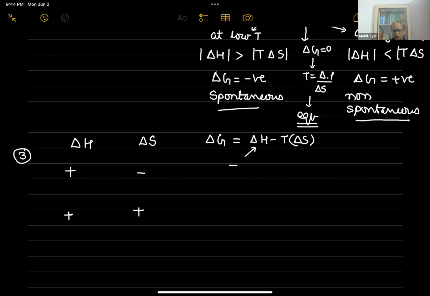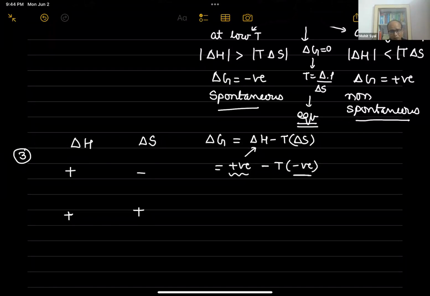This is positive, minus temperature into negative. Are you getting the point? Yes. Navila, this is positive, minus. I have just applied the formula delta G equal to delta H minus T delta S. Delta S is negative as it is given in the question.